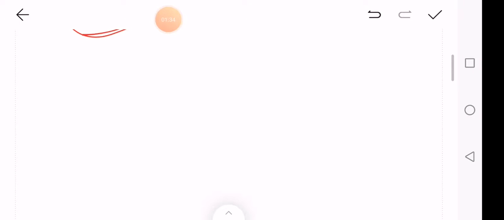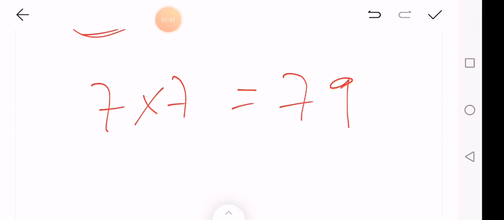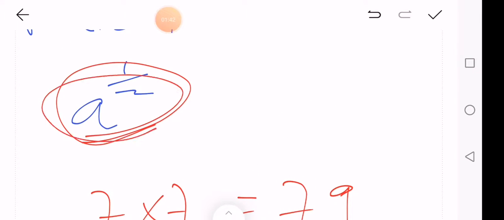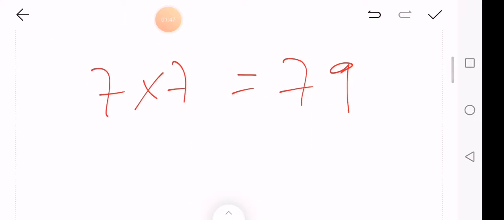For example, 7 times 7. Actually it's going to be 49. 7 times 7 is going to be 49.